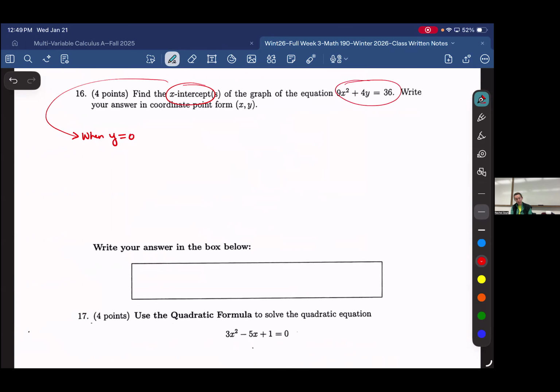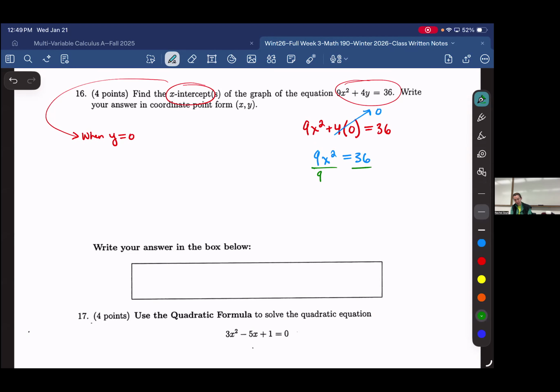So if this is our equation, we just want to sub in 0 for y and then solve for x. So we have 9x squared plus 4 in parentheses 0 is equal to 36. This shoots to 0, so now we're just looking at 9x squared equals 36.